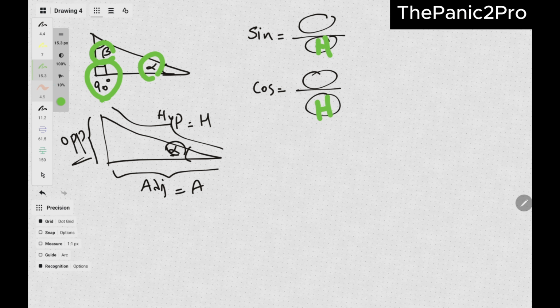Sine and cosine are always something divided by hypotenuse. But something is sometimes not easy to remember. These are either the adjacent or the opposite. Sometimes maybe we just mix them up, right?